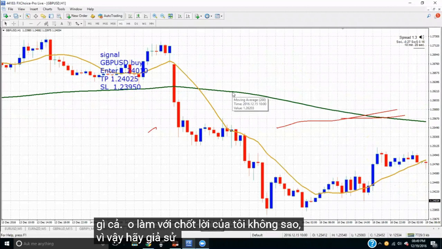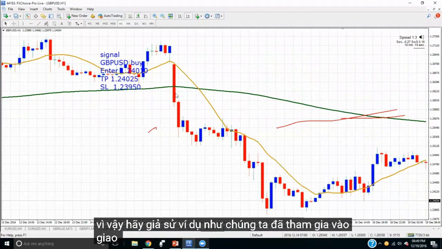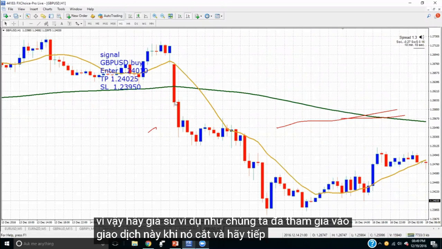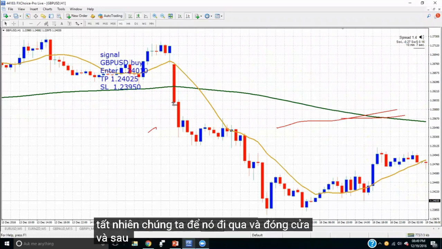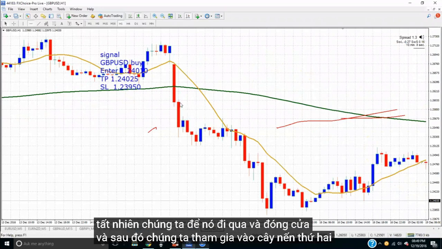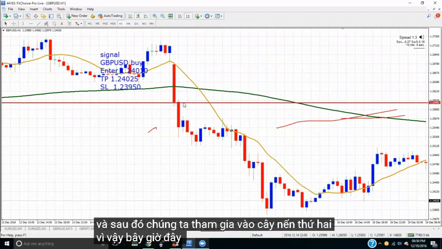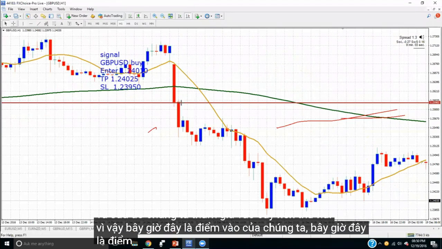Okay, so let's just say, for instance, we got in this trade when it crossed. And let's go ahead, I'm gonna make some lines. So of course we let it come through and close, and then we enter on the second candle. So now this is our entry point.